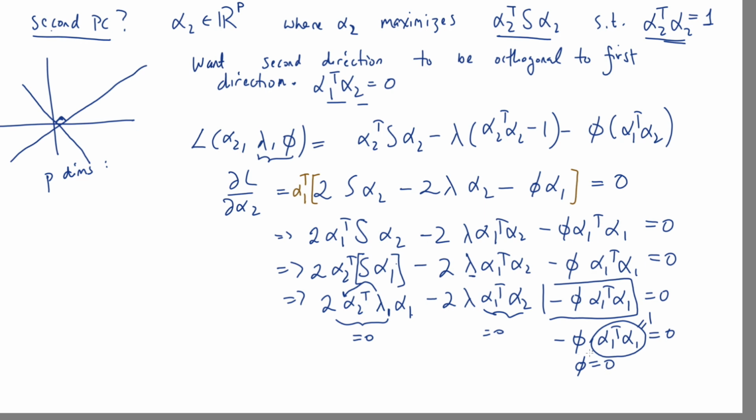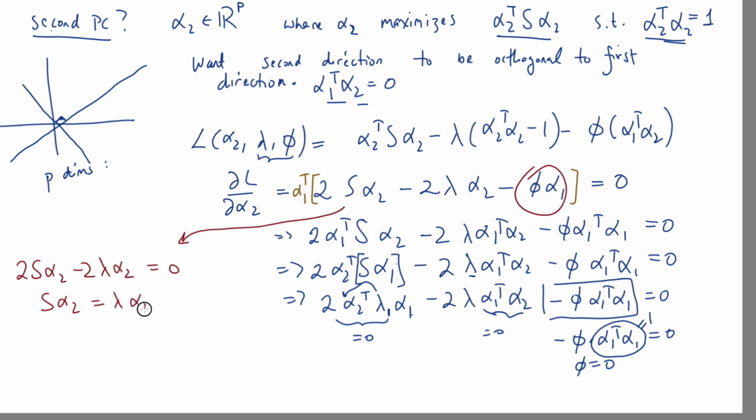Okay, so plugging phi equals 0 back into what we got initially, this derivative, we'll get 2S alpha 2 minus 2 lambda alpha 2 equals 0, because this guy is just 0. Then I can rearrange a little bit to get S alpha 2 equals lambda alpha 2.